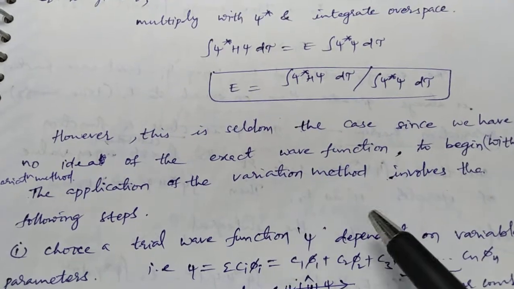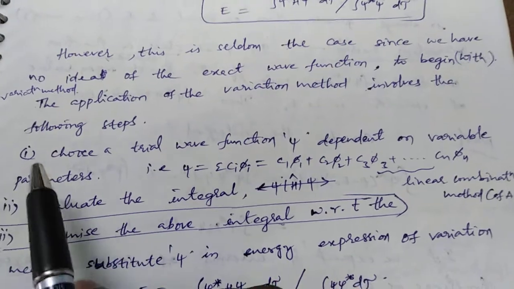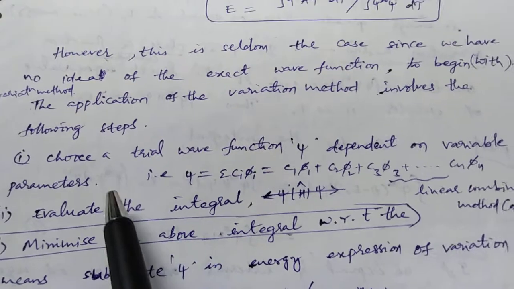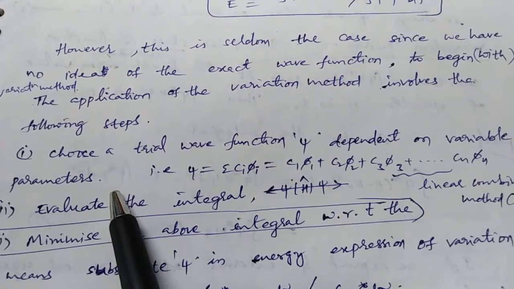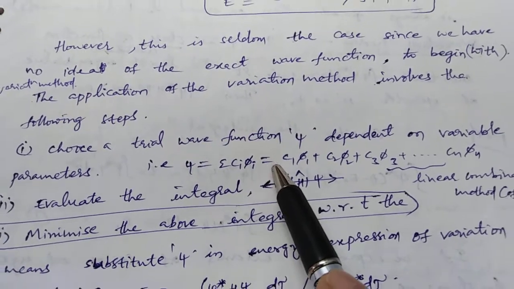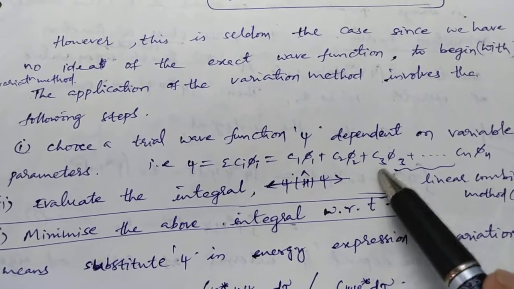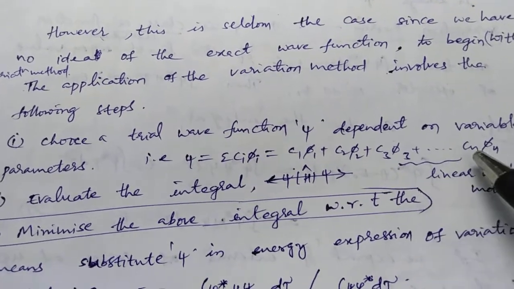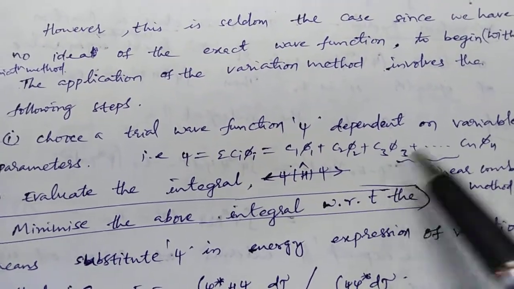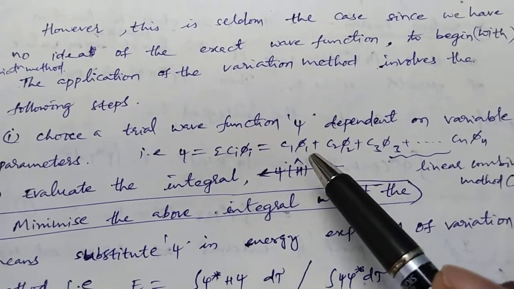The application of the variation method involves the following steps. The first step is to choose a trial wave function dependent on variable parameters, that is psi is equal to summation of Ci phi i, which is C1 phi 1 plus C2 phi 2 plus C3 phi 3 and so on up to Cn phi n, where C1, C2, C3 are constants.